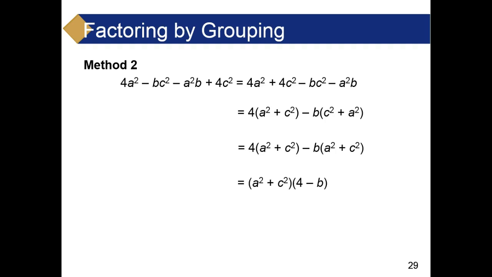This time they got the terms with 4's together and the terms with b's together, okay? And then did it that way to get the same answer. So as long as you do all the steps right, there's usually more than one way to do a problem. Didn't you hate that in school when the teacher insisted you do it his or her way? Okay? If there's another way to do it, feel free. As long as you get the right answer, fantastic.